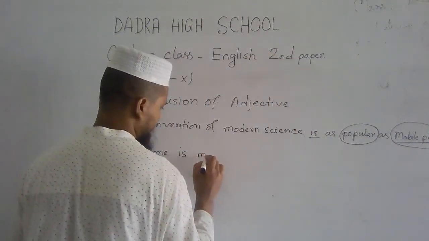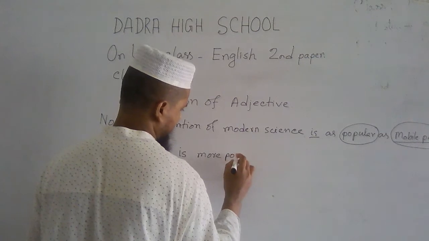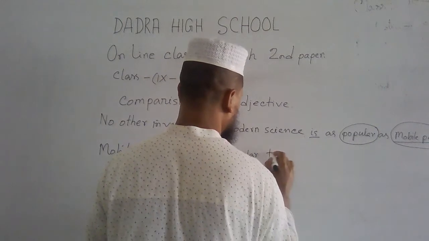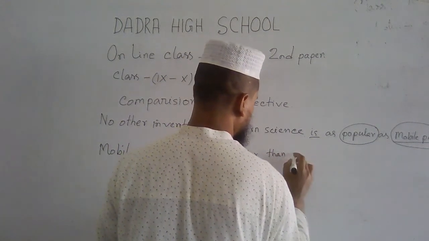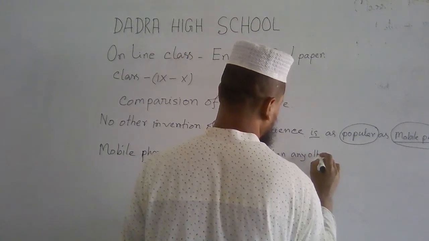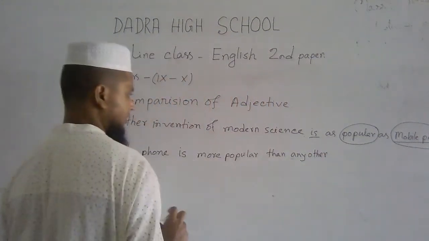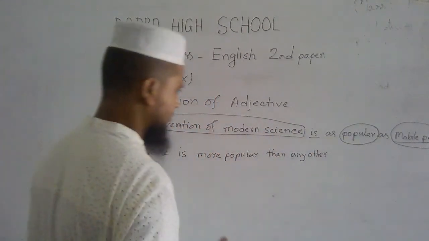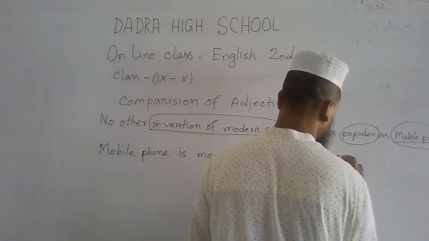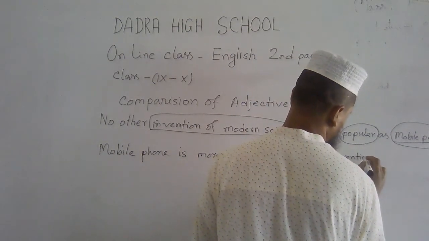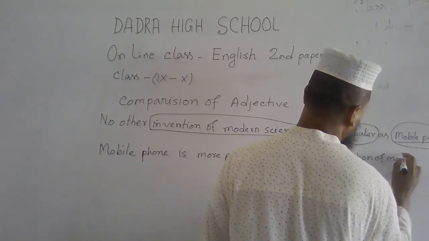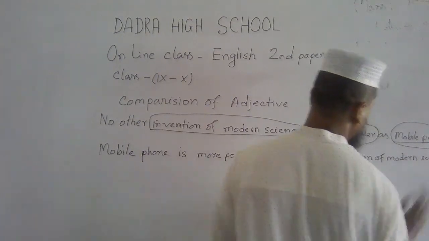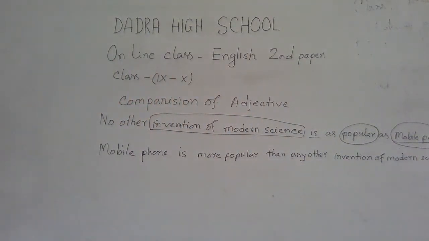Popular, more popular. More popular, next than any other. Then compared things. Invention of modern science. This is comparative degree.